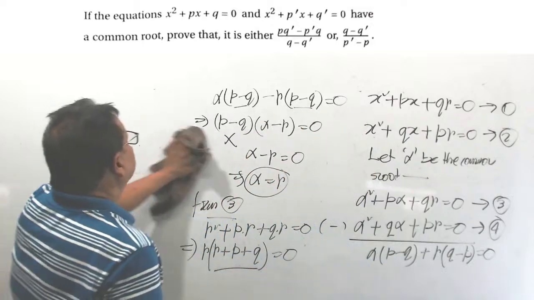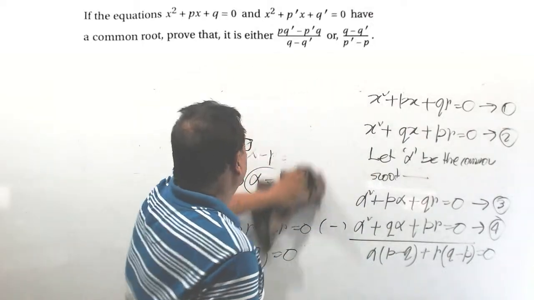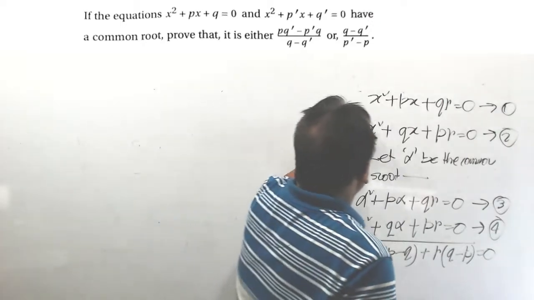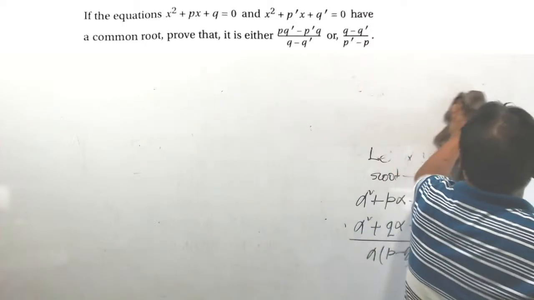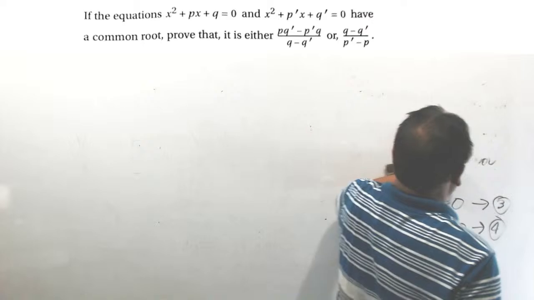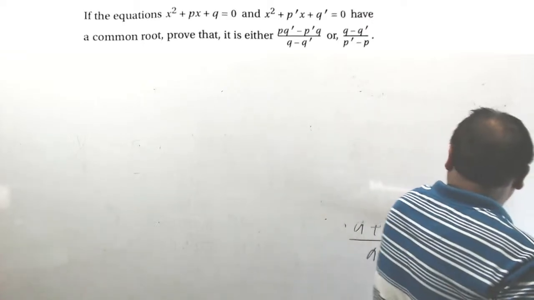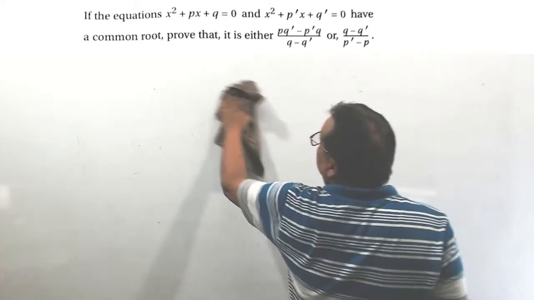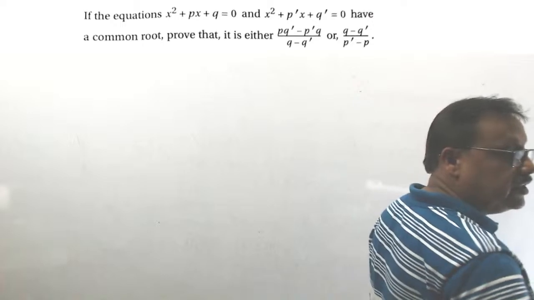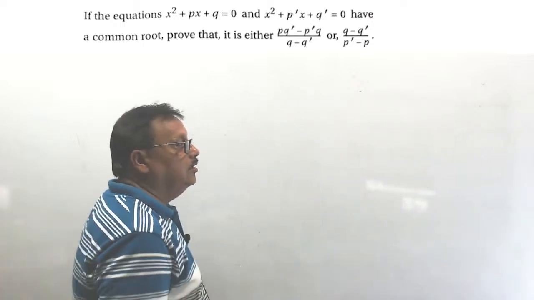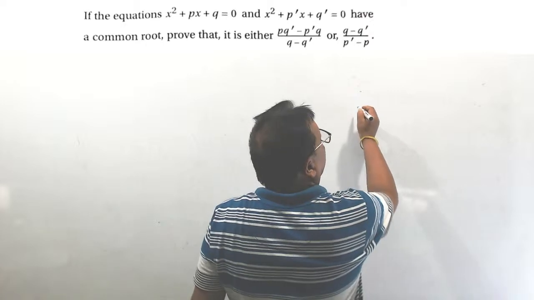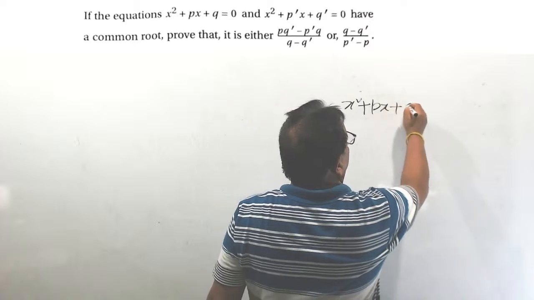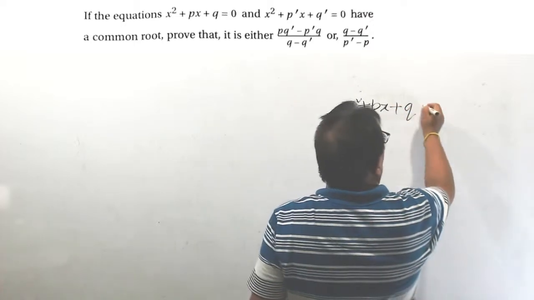First you try. See, what are the equations? x square plus px plus q equals to 0.